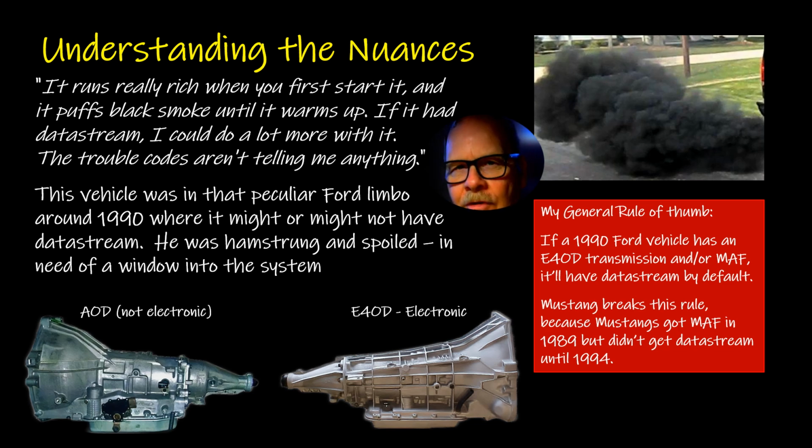When they first started putting mass airflow on Mustangs in 1989, they didn't add the data stream, even though it was available and they were using it on Continentals in 1988. They should have put it on Mustangs, but they didn't, and that was a level of buffoonery that we sometimes see in the engineering world.